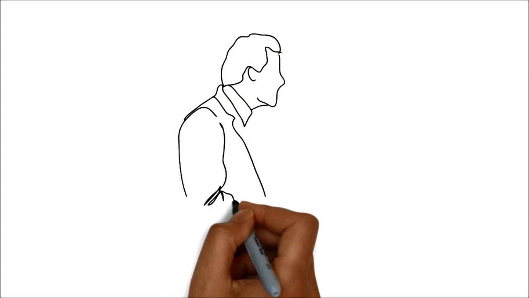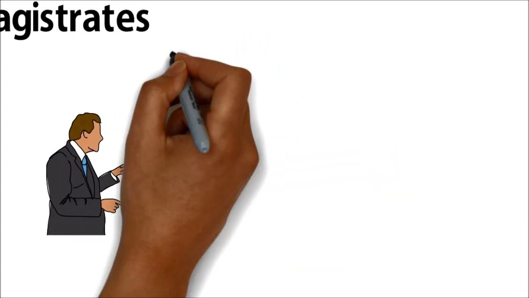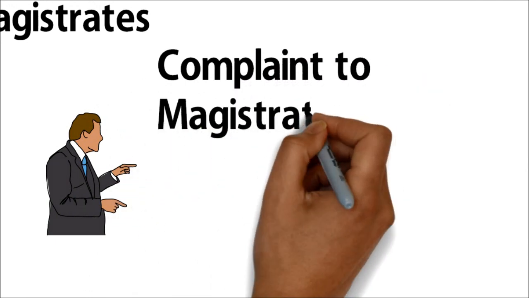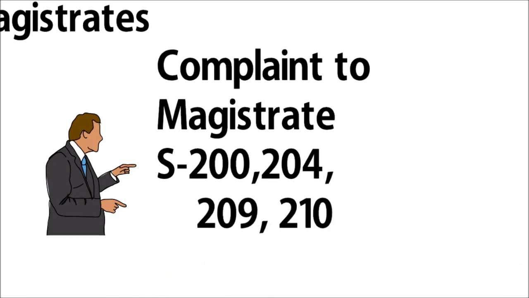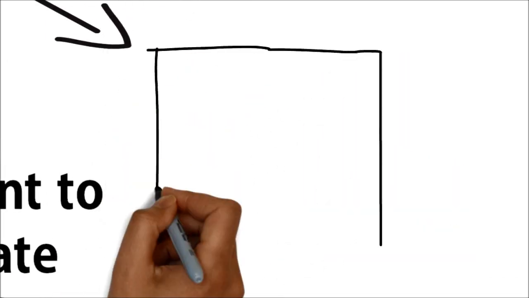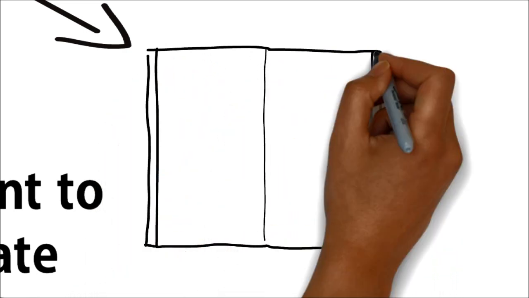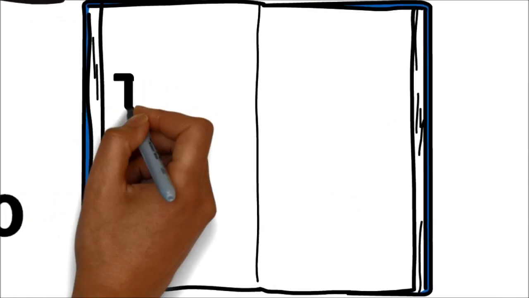The second one is the extension of the first point, which talks about proceeding of complaint under section 200, 203, 209 and many more relevant sections. The third part is the creation of the charge, when the magistrate creates a charge on the accused person.